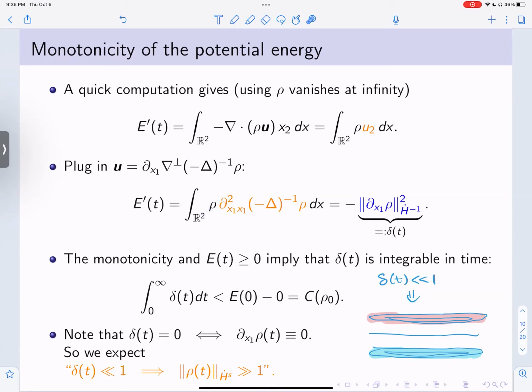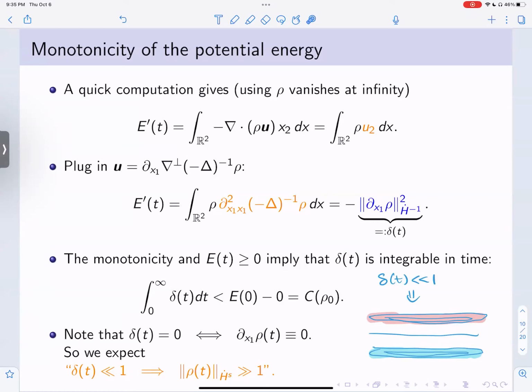After that, we are going to get a negative of a certain quantity squared. So what is this thing here? It is the partial x1 of rho in the H minus 1 norm squared. Let's call this delta of t. That immediately gives us that delta is non-negative, and so the energy is monotone decreasing.